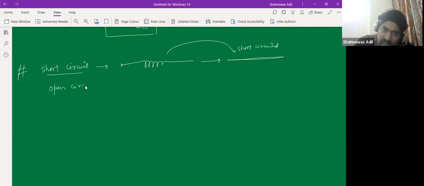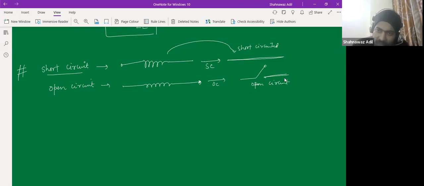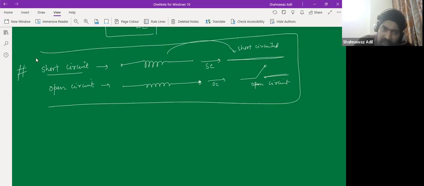In an open circuit, this would be the scenario. So this is the open circuit. In open circuit, no current flows, right? So we have to be very careful about these things.